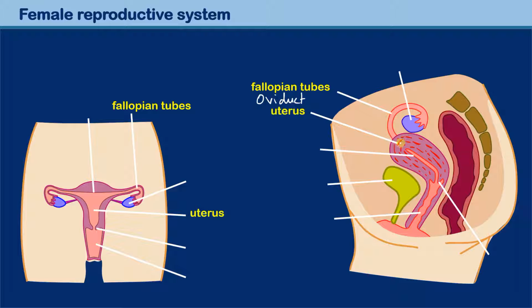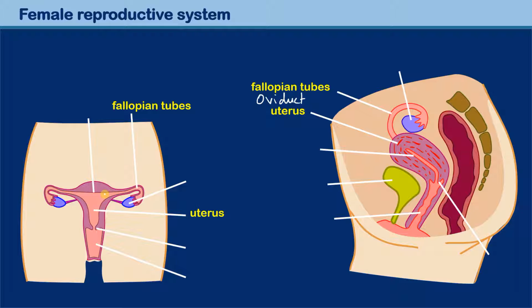The uterus is the whole muscular structure over here. You can see it's relatively thick and muscular because the uterus has to contract during the delivery, during the birth process. I have also drawn it a little bit thicker over here, and also here at the top.